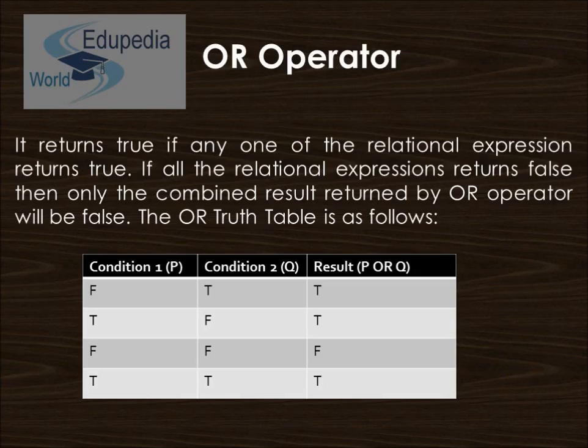We can see from the truth table, we have true in all the conditions in case of OR operator, except if all the conditions are returning us false, only then we will have false as a result in OR operator.